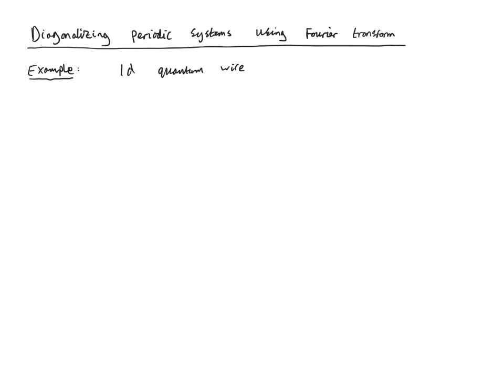I'm going to write down the Hamiltonian. We've seen it before. I'll label positions in real space x in this calculation. And what I'm going to do is consider an infinite wire now.